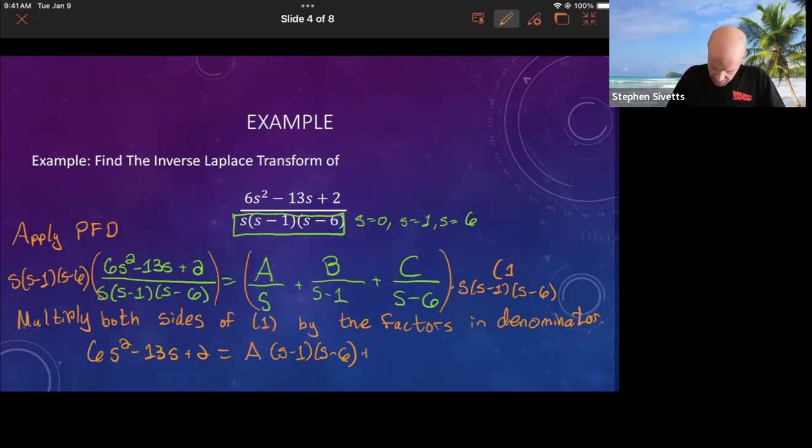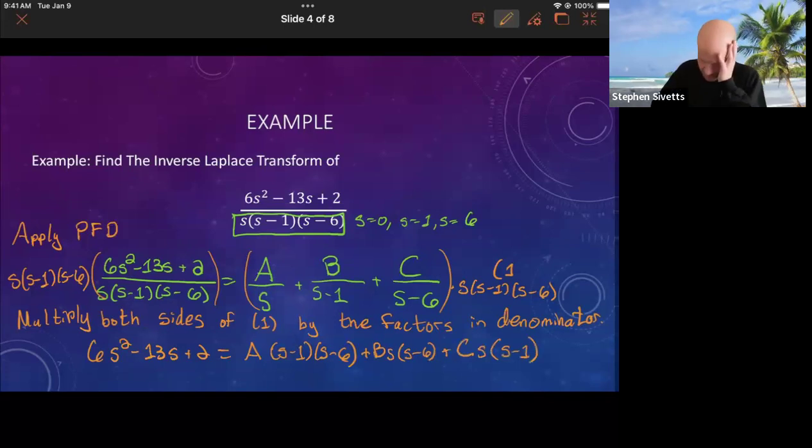Plus B times, so we'll have an s times s minus 6 that's left over, plus C, the s minus 6 factor cancels, and so we'll have s times s minus 1.